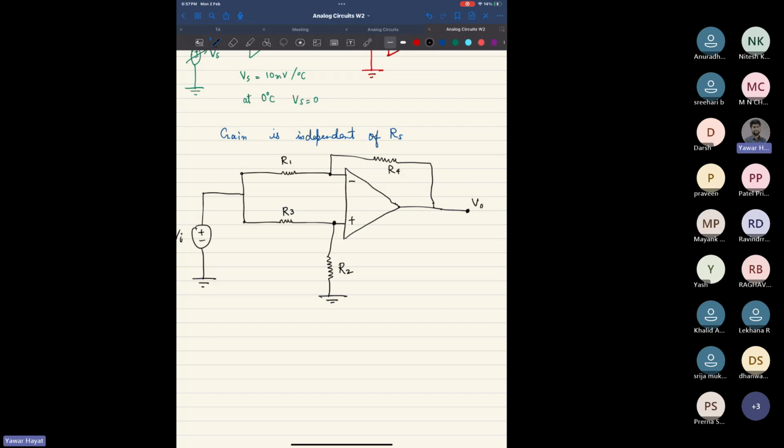Let me give you the values, okay? Here, R1 and R3 are 1 kilo ohm. Your R2 and R4 are 10 kilo ohm. Okay, so what would be the gain of this circuit?